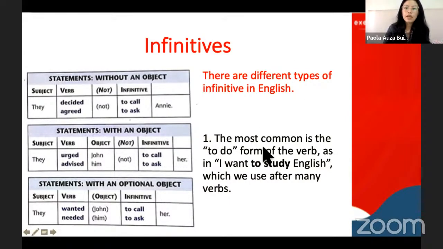Usually to do is the most common way that we use infinitives. And we also use it after some verbs. So for example, we always have the subject. Then we have a list of verbs, and then we have the infinitive. To call, to ask, that's the infinitive.